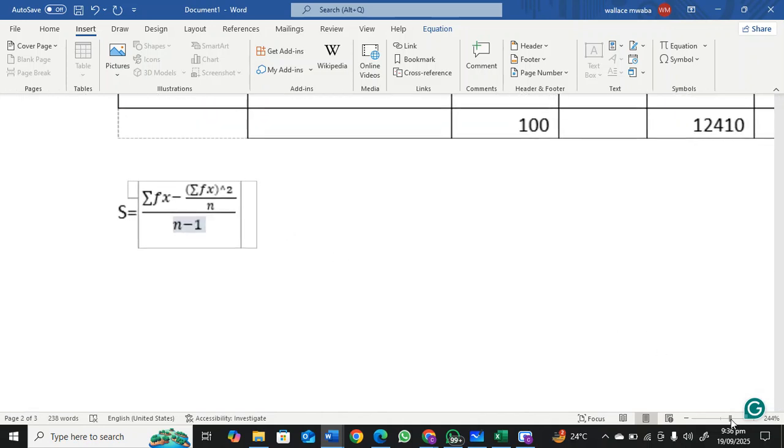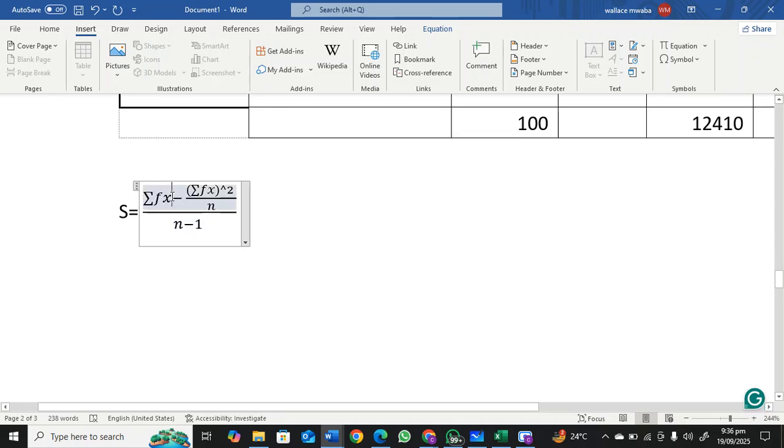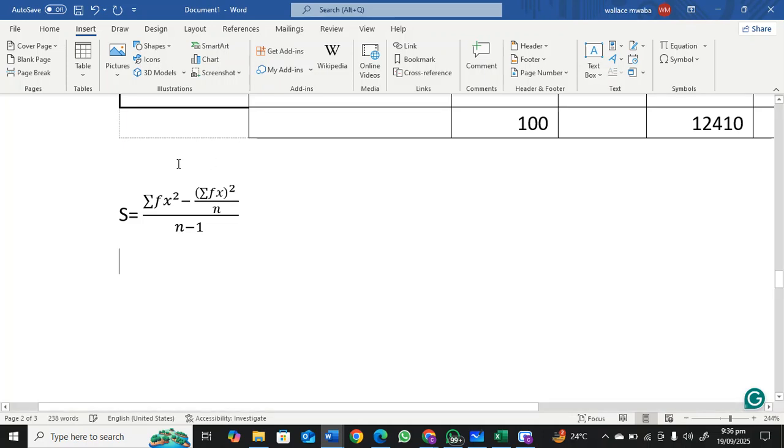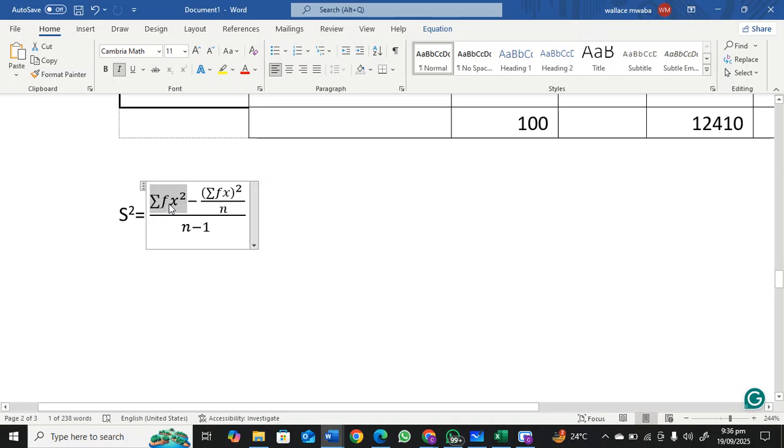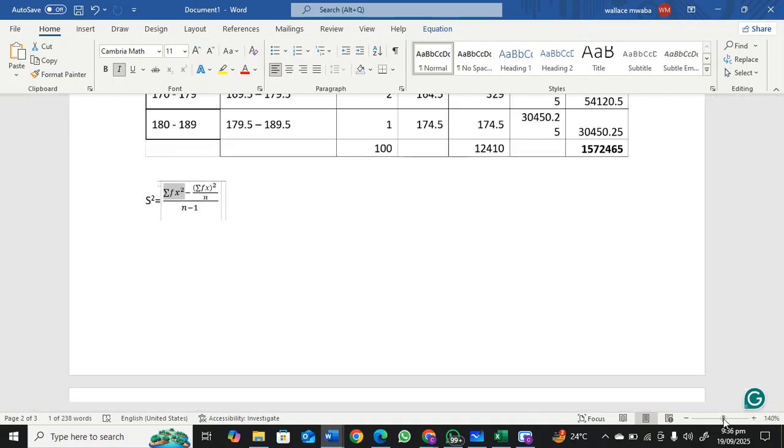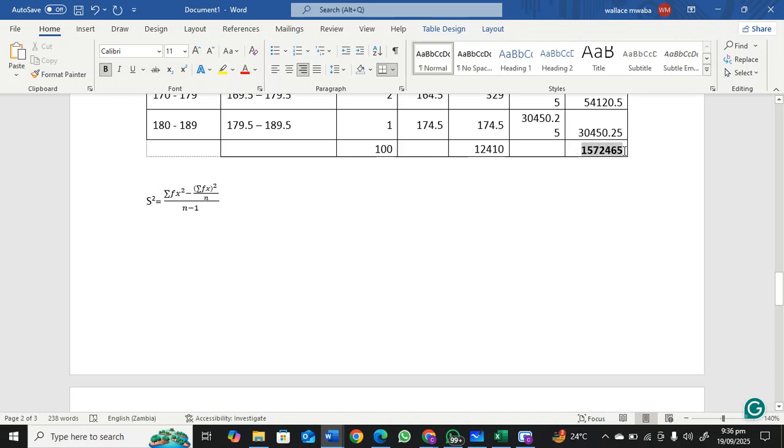So as I said, first we'll get the variance, then we get the standard deviation. Sigma fx squared on our table is this value here, the total summation of the frequency by the midpoint squared.